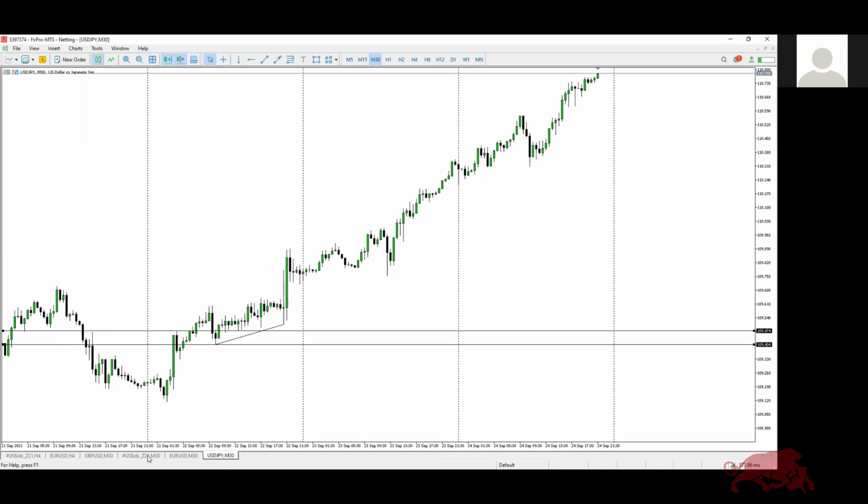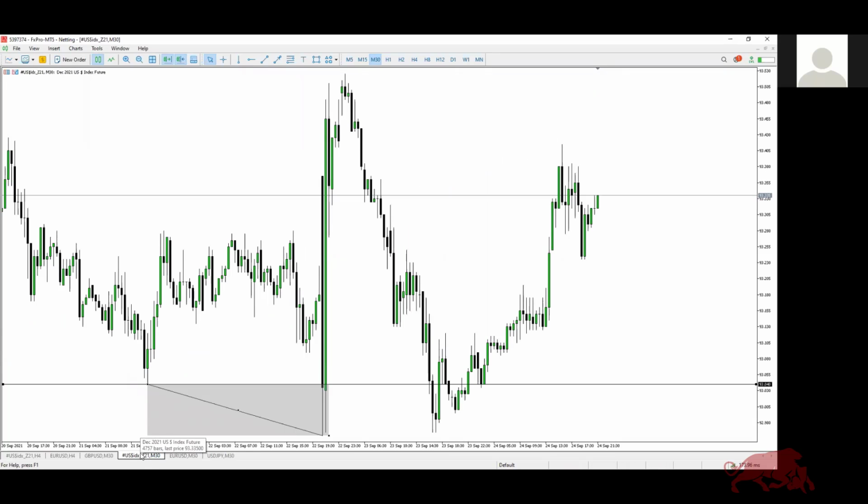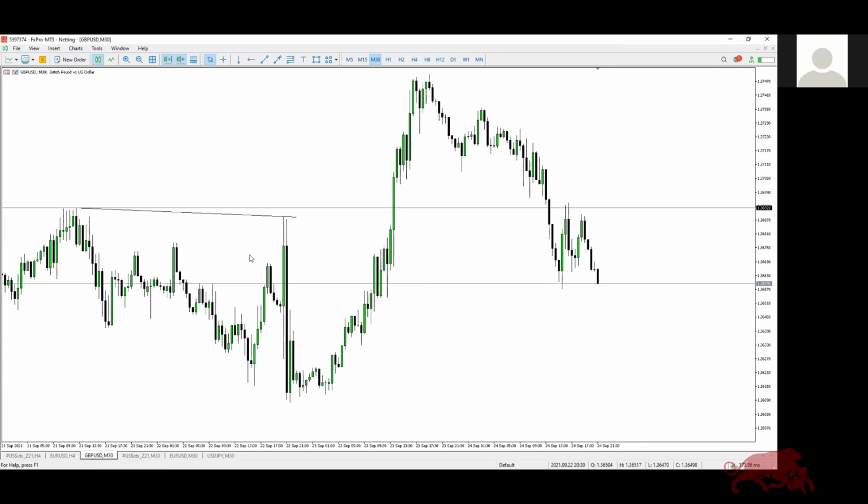That's what I wanted to illustrate, the divergence we got on the dollar index and Pound USD. We had SMT divergence, whereby the major currency failed to make a higher high when the dollar index was making a lower low. If you remember correctly, we covered this in week 2.